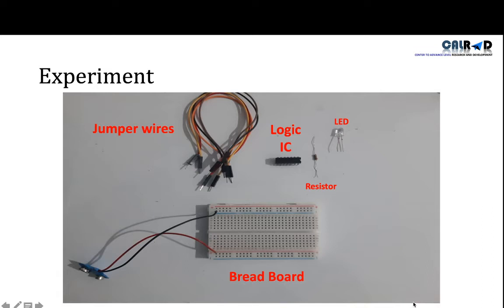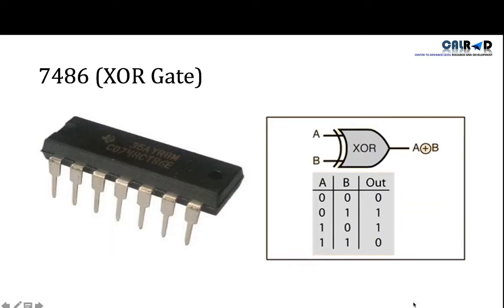The logic IC is the main component. The resistor is used for the safety of our LED, because we are using a 9-volt battery, and the breadboard is the platform to perform our experiment. This is the 7486 IC. It is the same as other ICs, black in color.